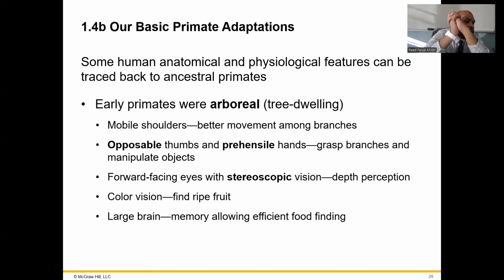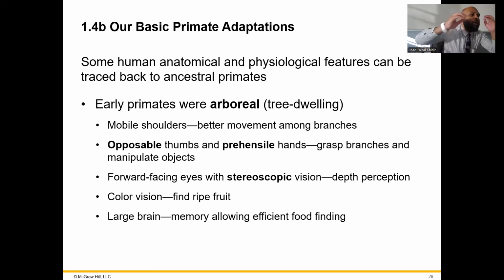What does arboreal mean? Arboreal means they live on the top of the tree, and they have mobile shoulders. And these mobile shoulders have better movement among the branches, and then we evolved opposable thumbs and prehensile hands, enabled to grasp the branches and manipulate the objects.